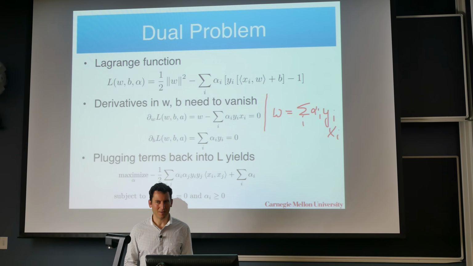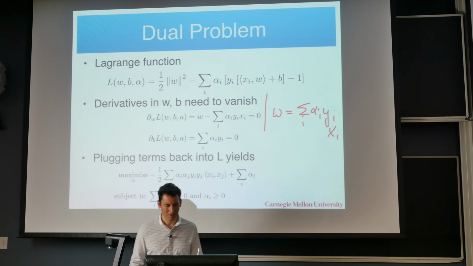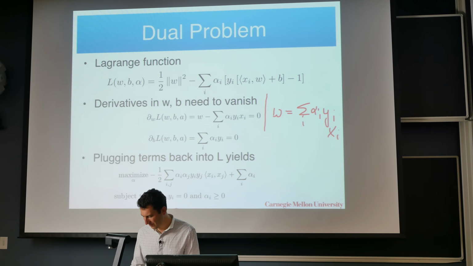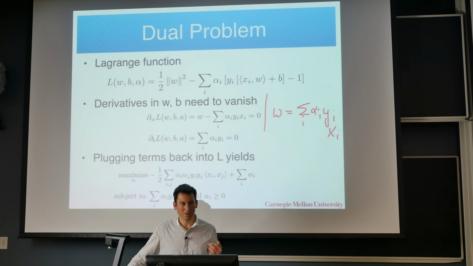Well, not quite infinity, because that would mean you would have a divergent dual. So basically, the solution is very similar to what you get in a perceptron, with the main difference being that now you give the observations different weights depending on how important they are.